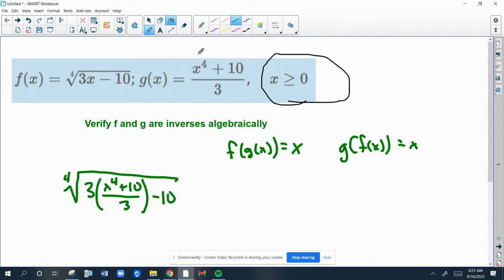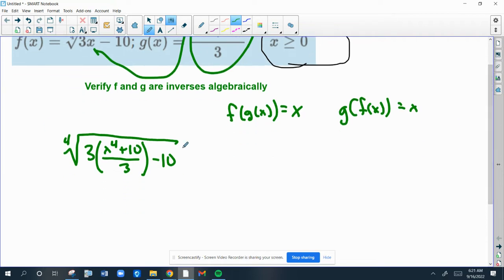So I just plugged this function in for x. Well, the nice thing here is 3 times this whole fraction, it's 3 over 1, so we can just cancel out these 3's. So now we have no fractions to deal with. So we have the fourth root of x to the fourth plus 10 minus 10. And we have the fourth root of x to the fourth.